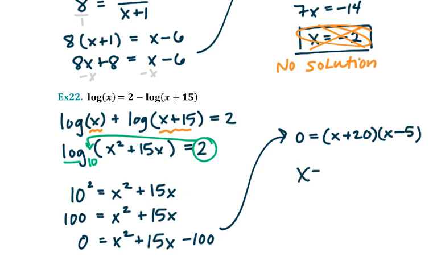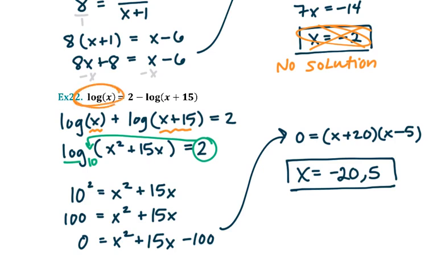So my solutions are x is negative 20 and positive 5. And then again, we have to check, do both of them work? If I go back to that very first log, I can't plug a negative in there. So negative 20 is extraneous, and the only solution we get here is x equals positive 5.